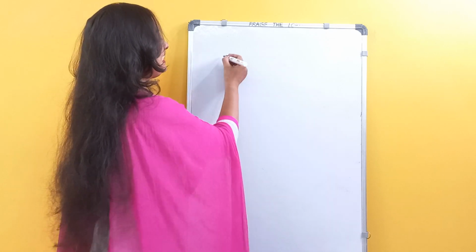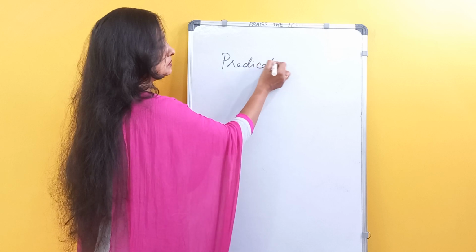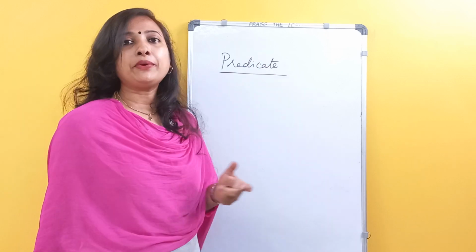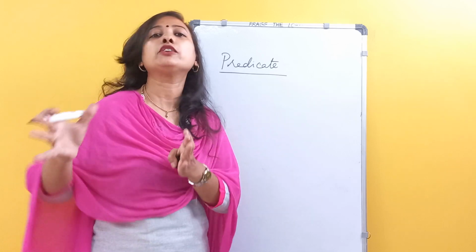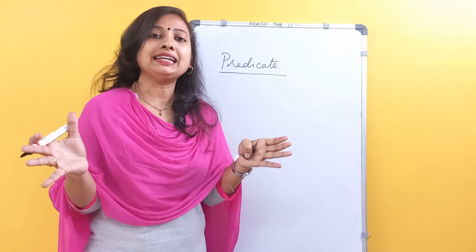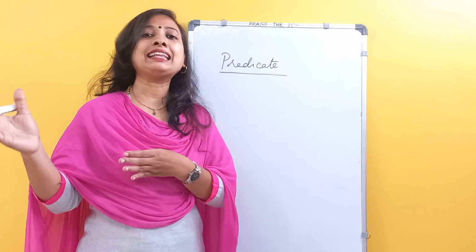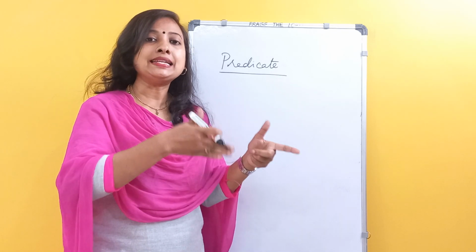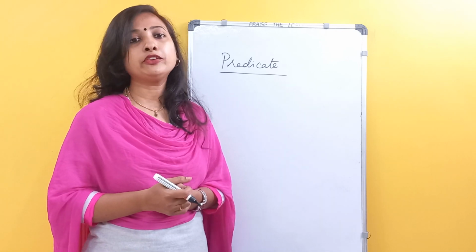Now what is a predicate? Predicate is the remaining part of the sentence. When you remove the subject, the entire thing including the verb becomes the predicate of the sentence.